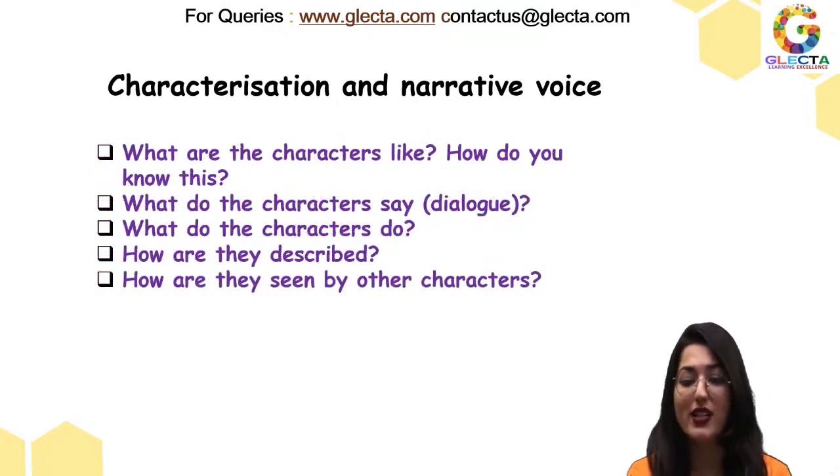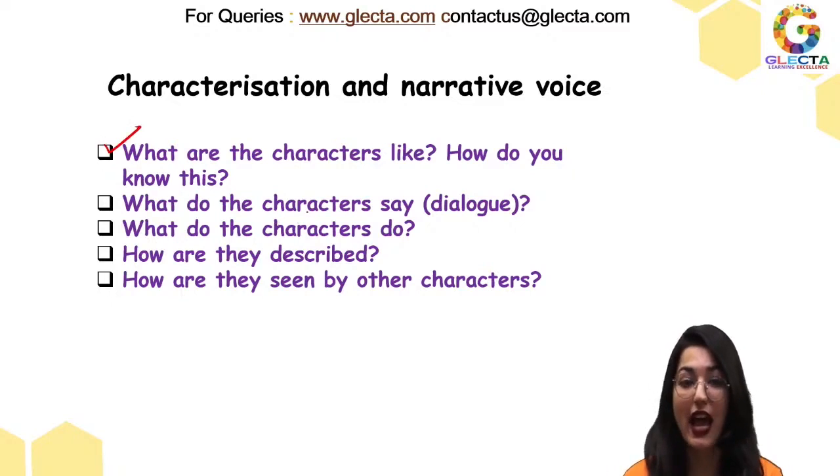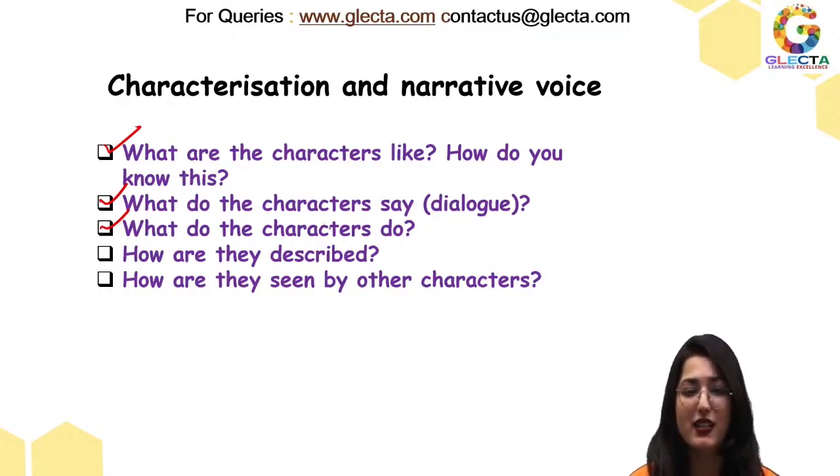Next: what are the characters like? How do you know this? First of all, you have to understand the types of characters. What do the characters say? Their dialogue delivery is really important. What do the characters do? What kind of part are they playing in the text: a protagonist, an antagonist, a victim, or something like that?